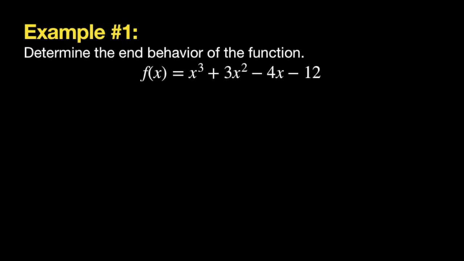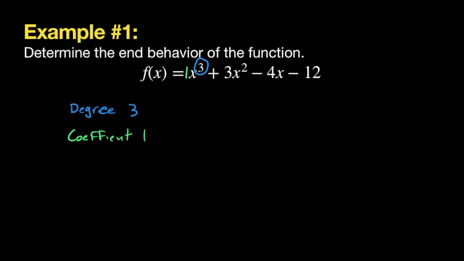Using the previous information, we want to determine the behavior of the function. So the only thing that we're going to be paying attention to is going to be the degree and the coefficient. So the degree in this case is 3. And the coefficient in this problem, we have an invisible 1. So the coefficient is going to be positive 1.